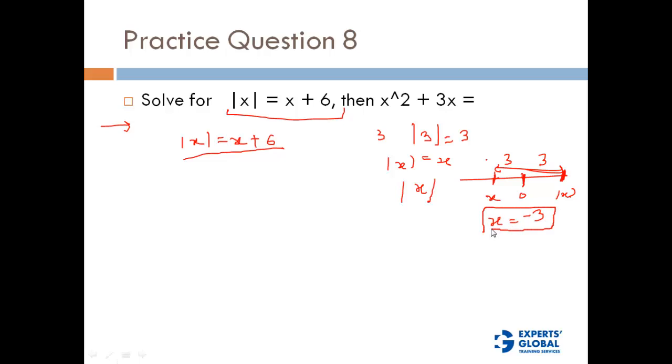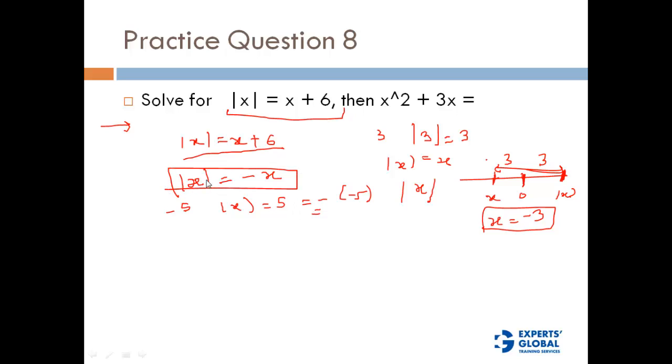Another way to look at this is, because x is going to be negative, we can say that modulus of x is going to be negative of x, right? Let's say for example x is equal to minus 5, so modulus of x will be 5, which is the same as negative of negative 5. That means negative of x, correct?